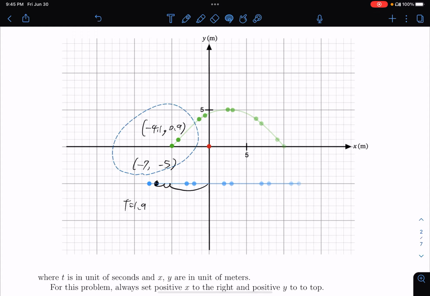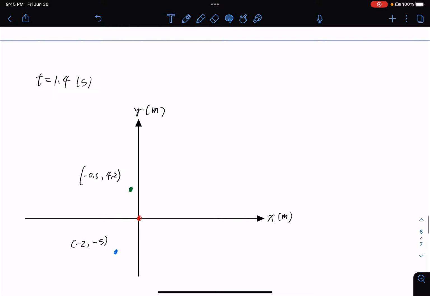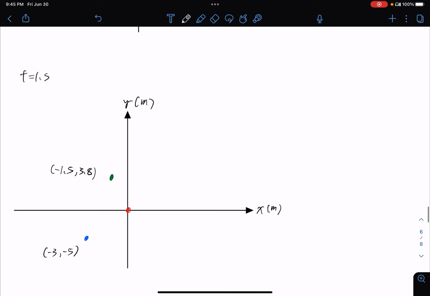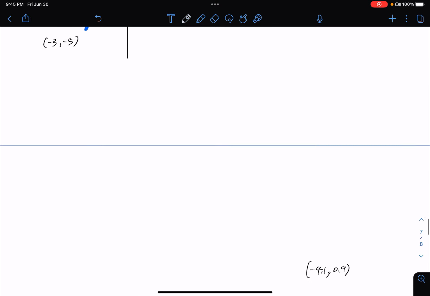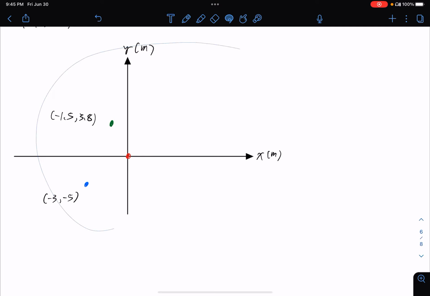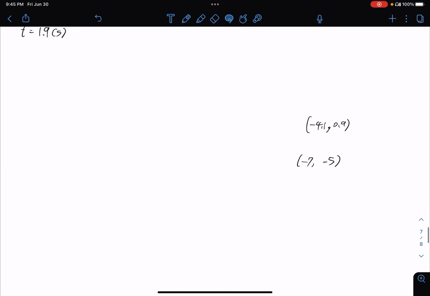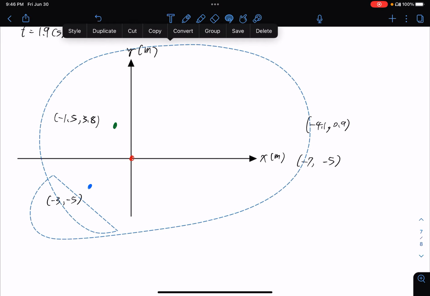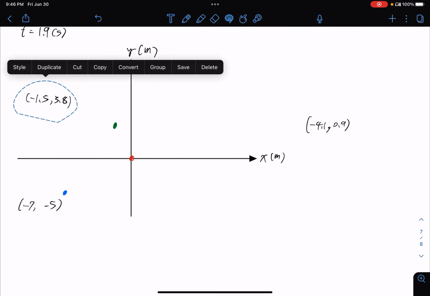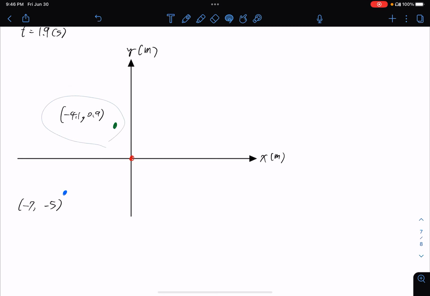So those are the positions of the dots when t equals 1.9 seconds. I forgot the unit again. This is -7, -5. And this is almost around the x-axis because it should be just 0.9 away from the horizontal axis.